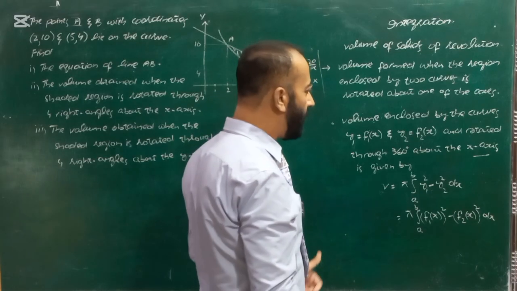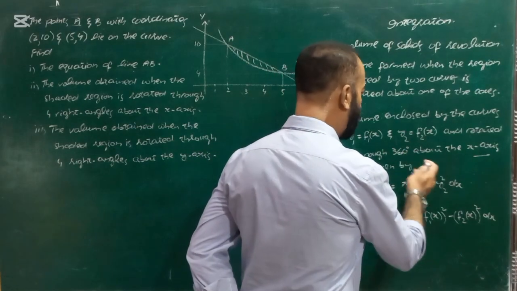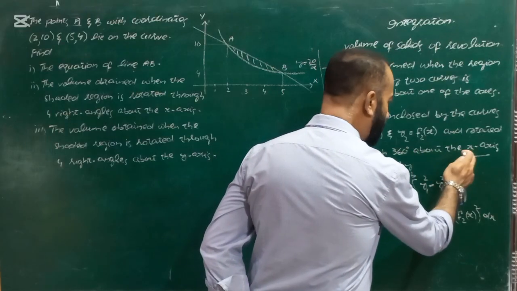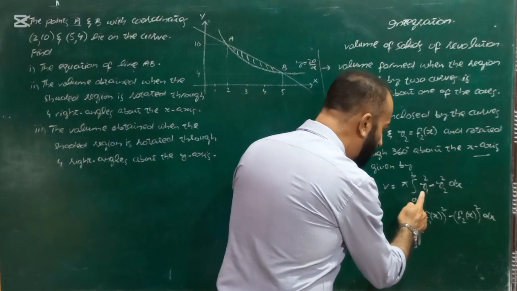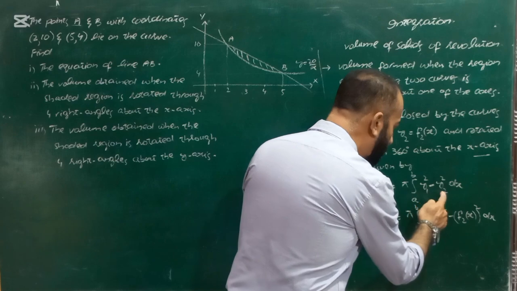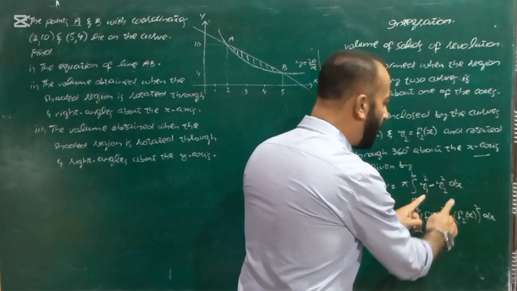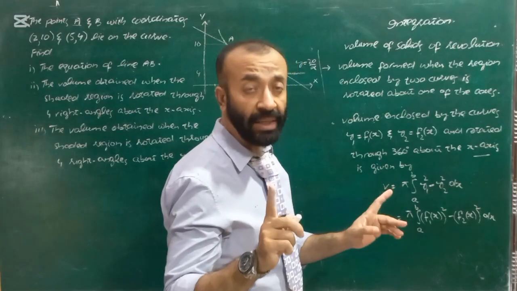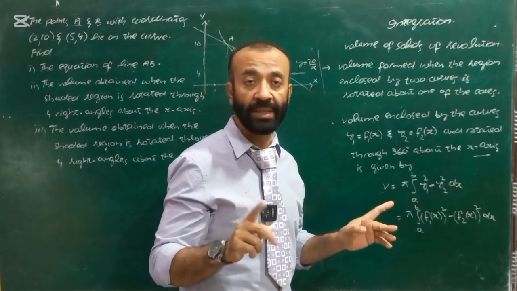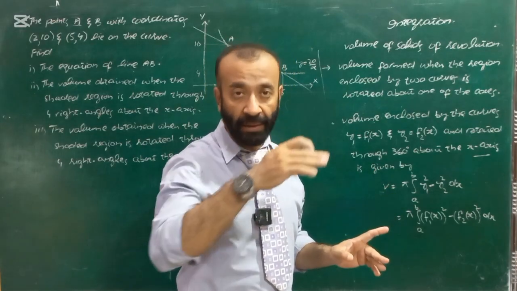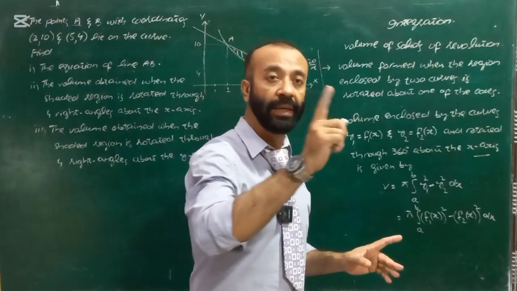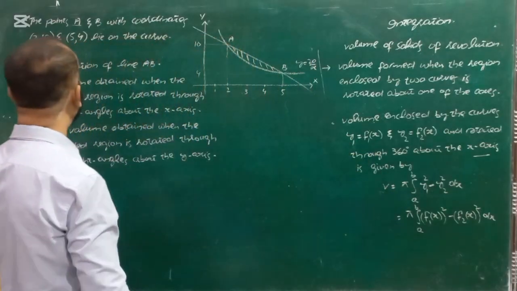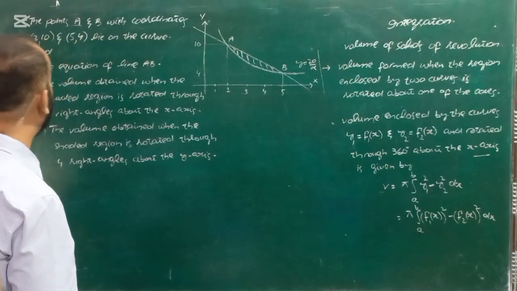And the next thing is, if the curves are rotated through 360 degrees about the y-axis, then here will come x1 square minus x2 square. So x1 and x2 are actually two curves. But again, the point to be noted is, subtract the curve which is below from the curve which is above. So look now, here is a question that will make your concepts more clear.